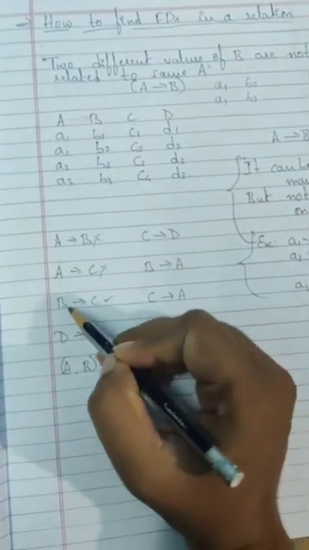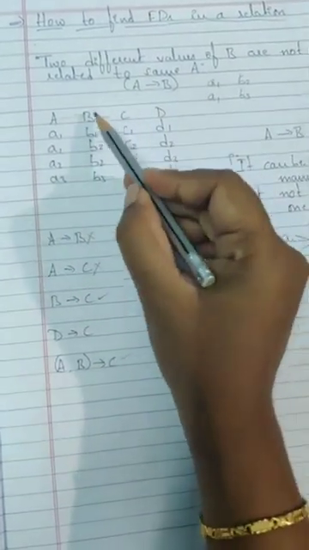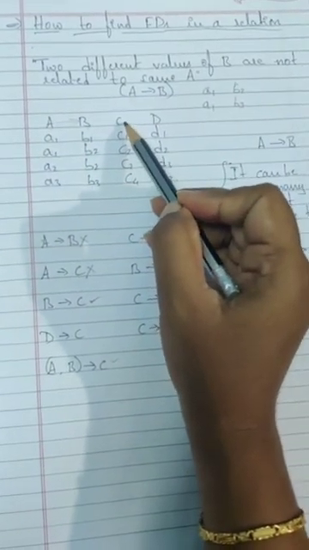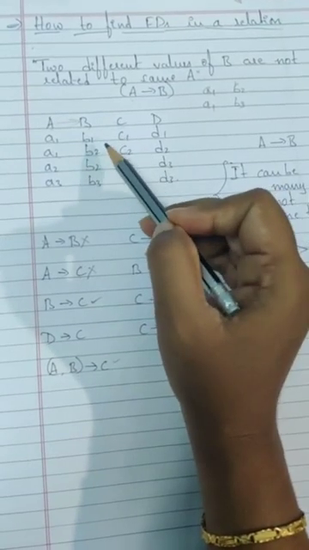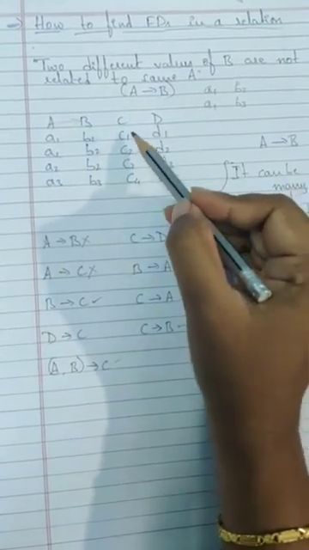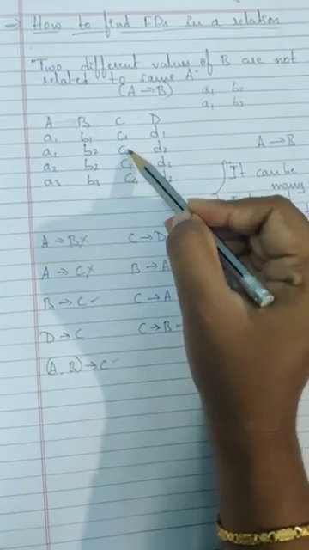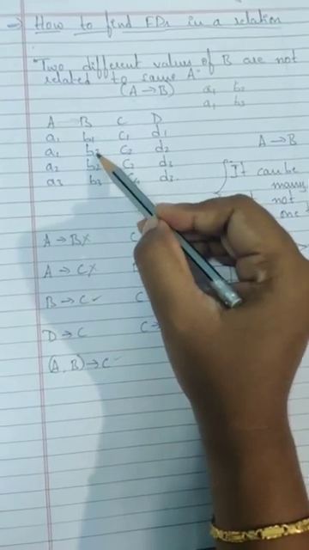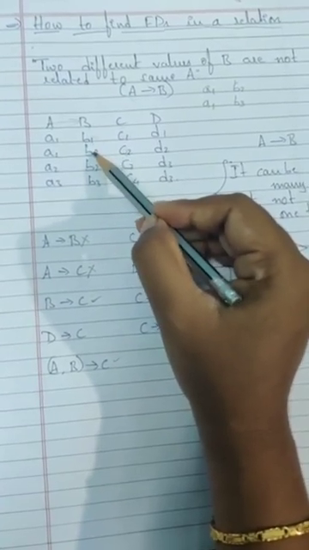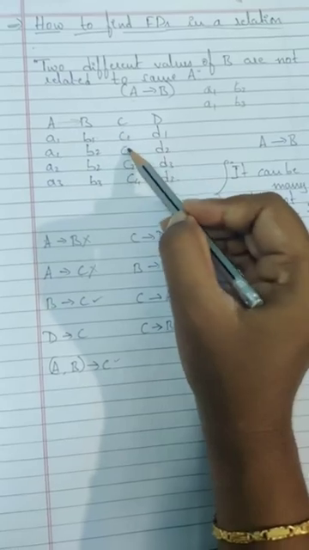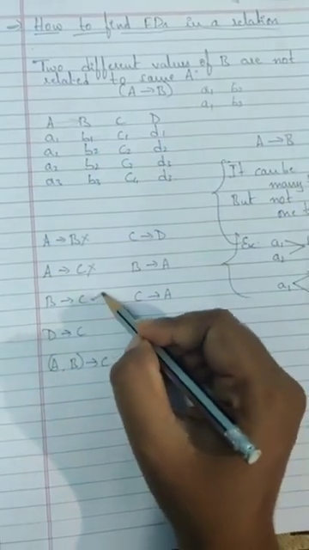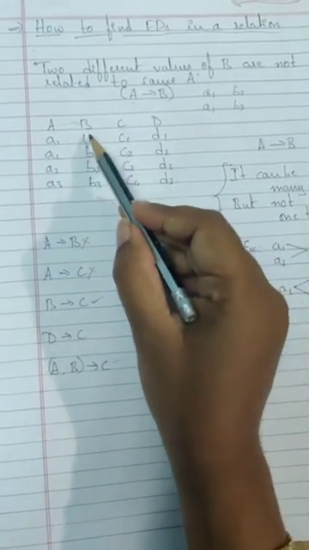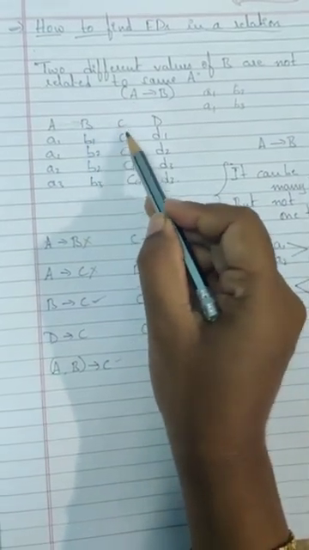Next we will consider B determines C. Two different values of C are not related to the same B. For example, you can check here, it is true because we have two different values in B and also two different values in C. So we can consider this as a functional dependency, which means by using B values we can determine the C value.